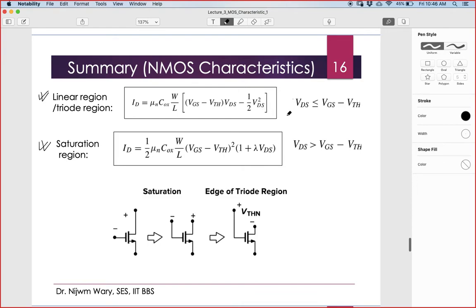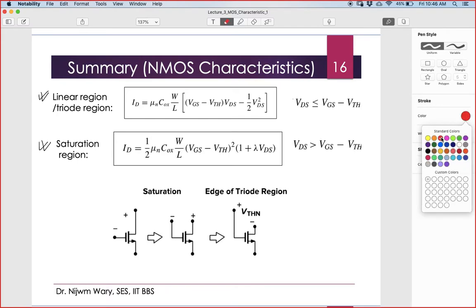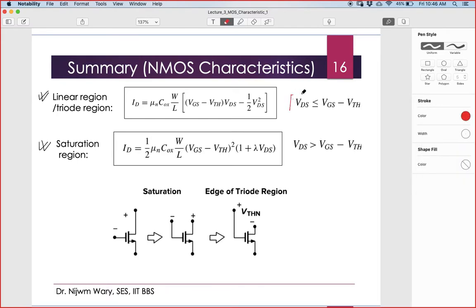So these are the two basic current equations. I know all of you are familiar with this, so I'm just repeating it. In the linear region, it is mu n Cox W by L (VGS minus VTH) VDS minus half VDS square, and in the saturation region, ID equal to half mu n Cox W by L (VGS minus VTH) square, now with 1 plus lambda VDS.